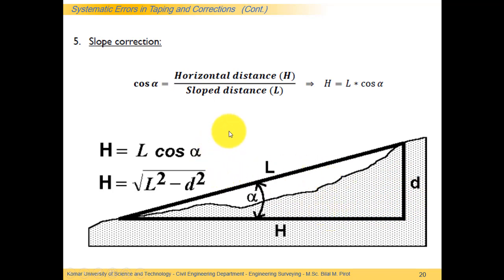So the formula is very simple. We can find h by using this formula, L cosine alpha, and also we can find h by the other two lengths, the square root of L squared minus D squared.